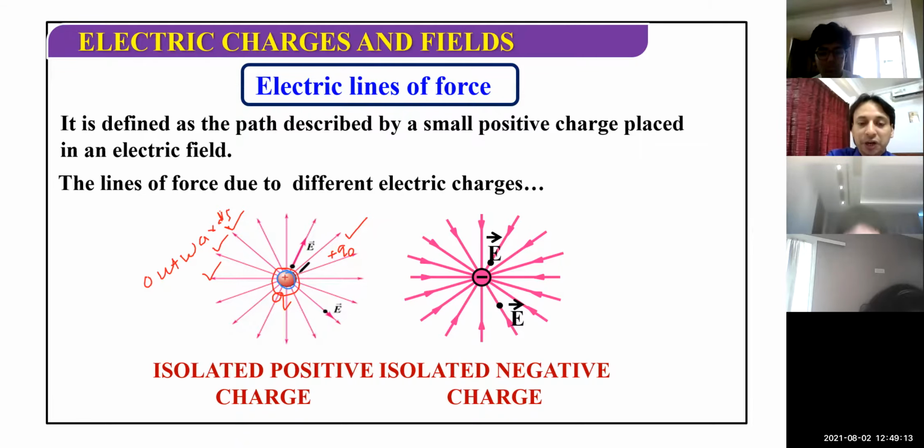So the plus Q charge will apply a repulsive force on Q naught, and due to that repulsive force between Q and Q naught, Q naught may move away from the Q.